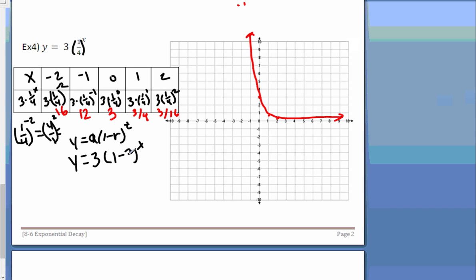Well, how about 3/4? 1 minus 3/4 makes 1/4, so r is 3/4. So my a number is 3, my r number is 3/4, and my t was x. Okay? There you have it.